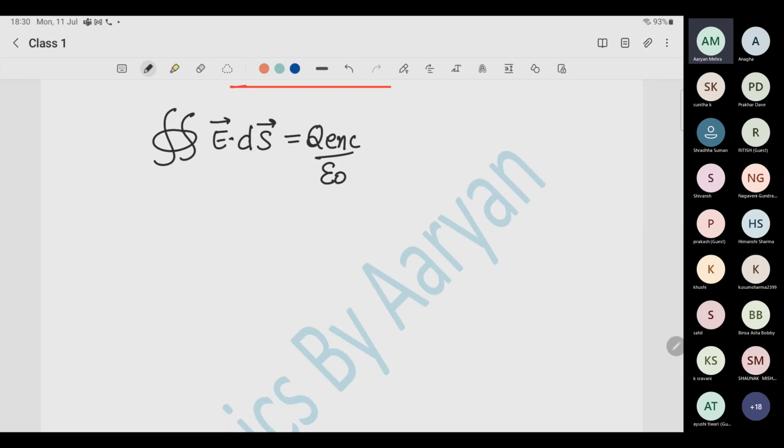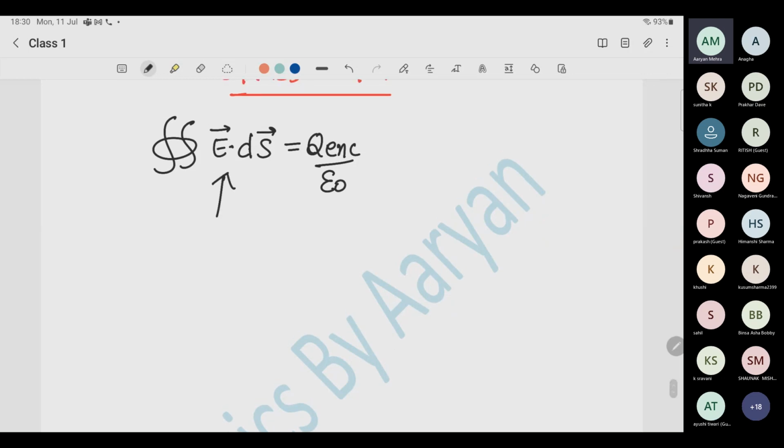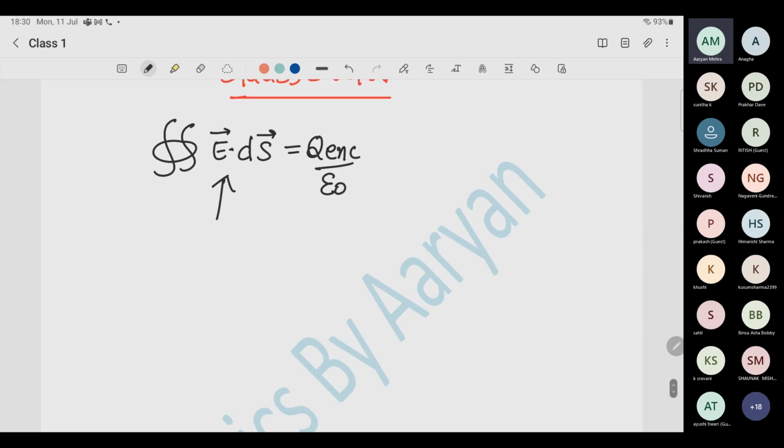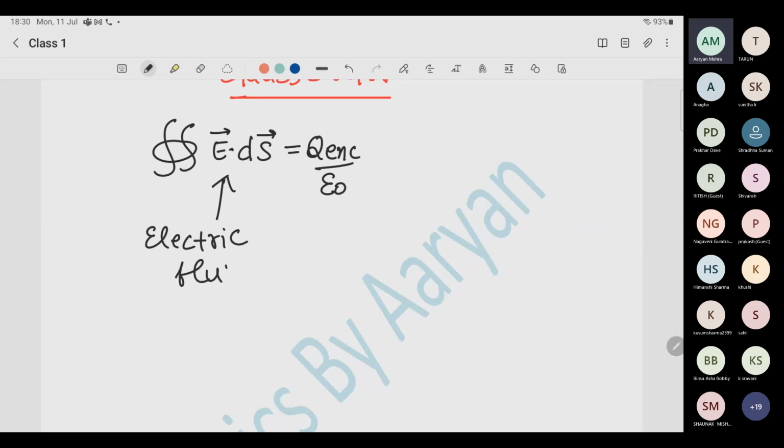And what does this left hand side mean? What is E dot ds closed area integral? There is a very good word in electrostatics for this. Flux. Yes, this is called electric flux through a closed surface.